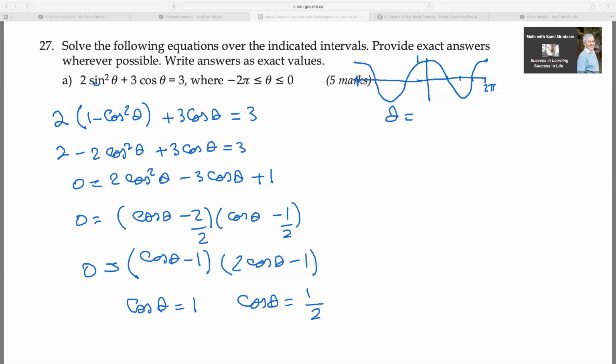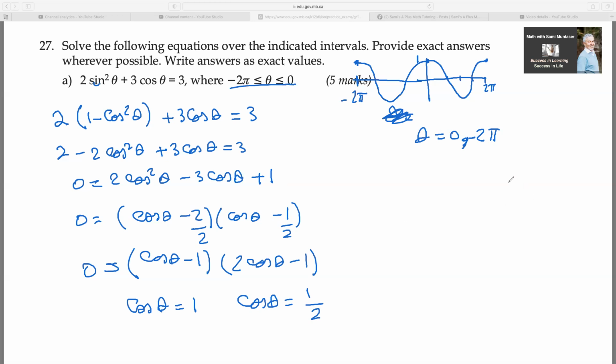And so here's -2 pi. Between 0 and -2 pi, it equals 1 right here, right? So theta equals 0 and -2 pi, because that is where cos theta equals 1, as we see here. It's at 0 and at -2 pi, since this is the domain.